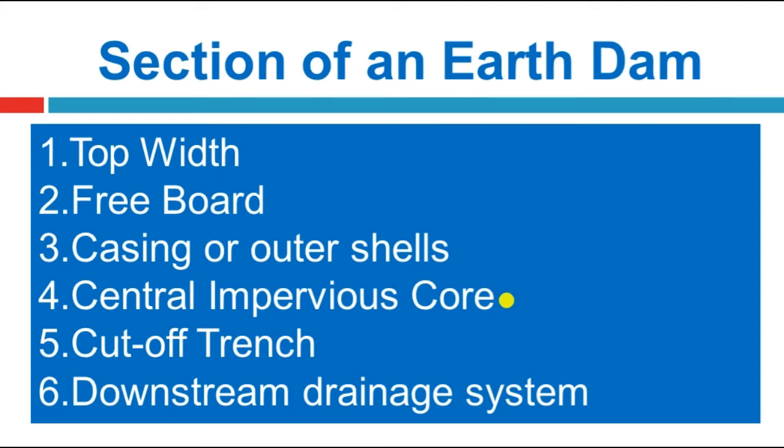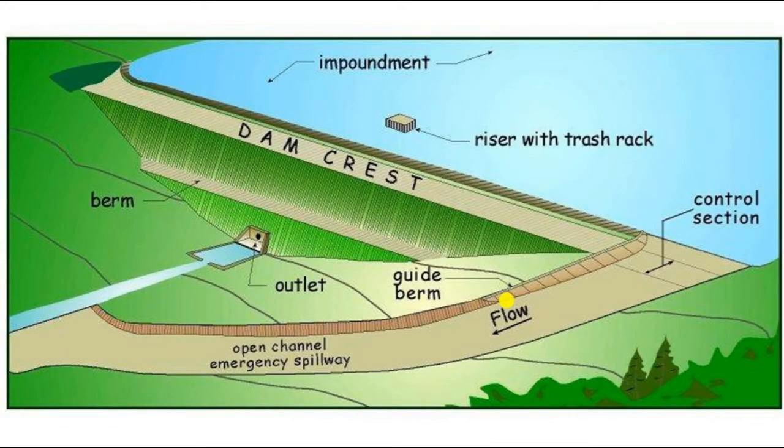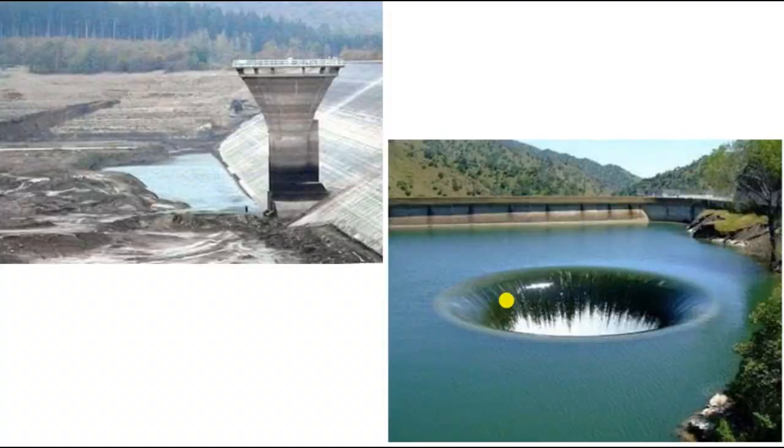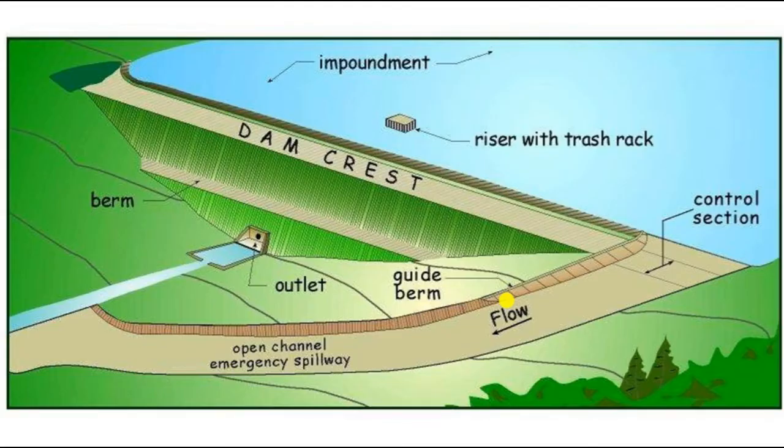Other factors are the topography, geology and foundation condition, availability of construction material, spillway size and location, roadway, length and height of dam, life of dam, earthquake zone, and cost. These are also important factors when selecting the dam.